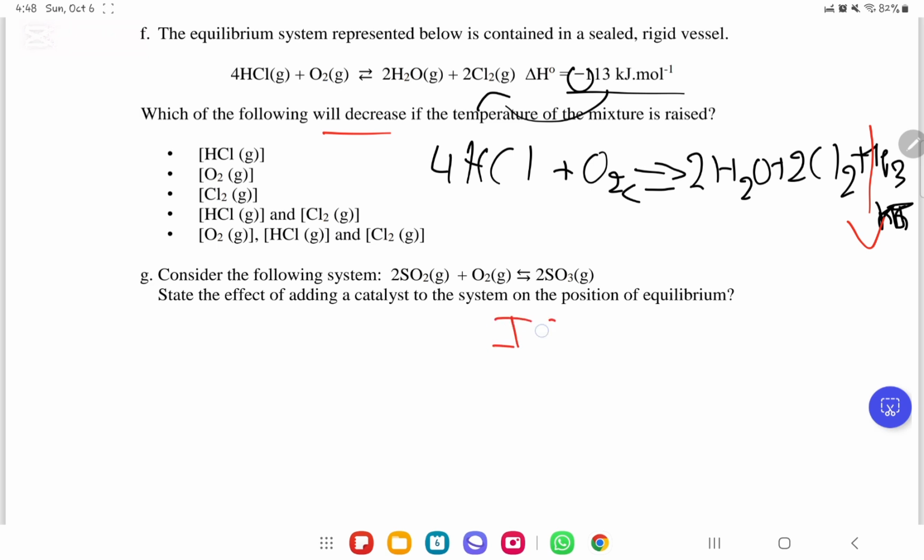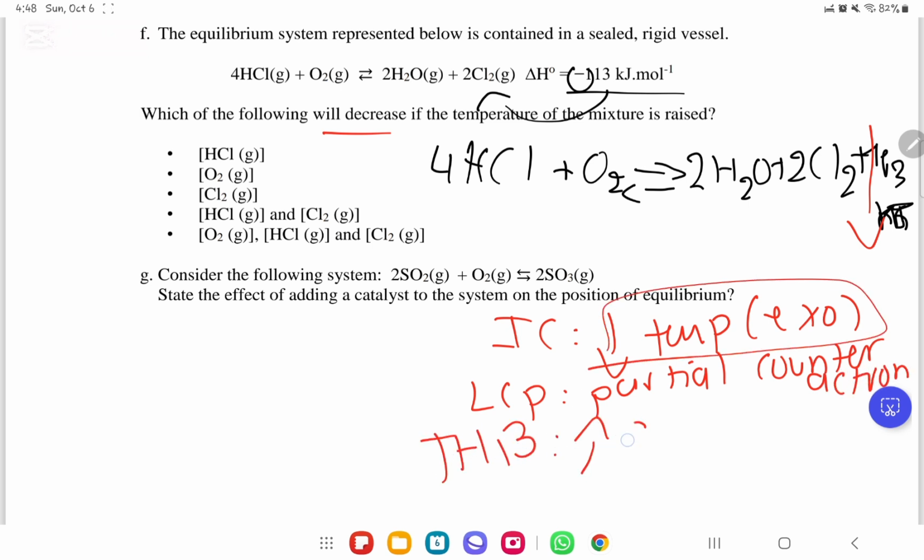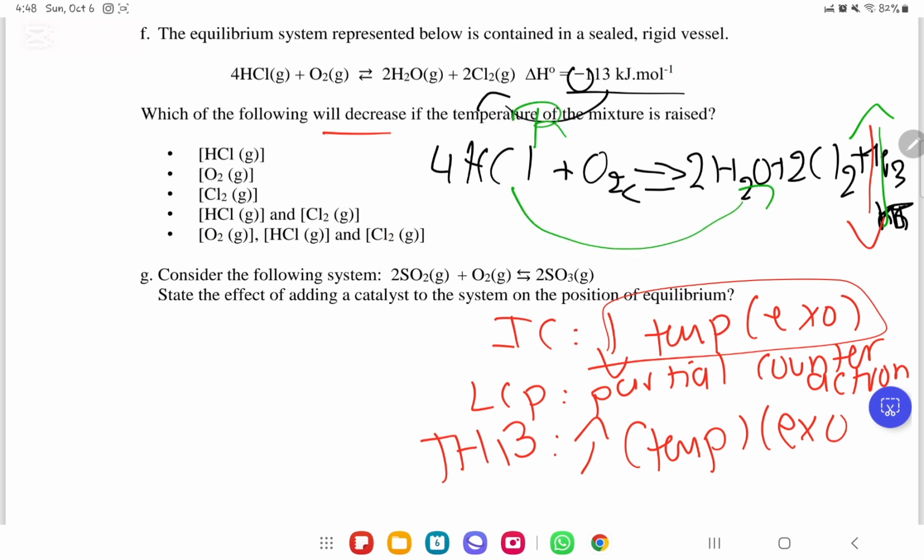So our imposed change is decreasing the temperature. It is exothermic. According to Le Chatelier's principle, there will be a partial counteraction. This happens by doing the total opposite. So we're going to increase the temperature of our exothermic reaction. To increase the temperature, we're going to need to take the temperature from the reactants. So now the reactants are giving to the products.